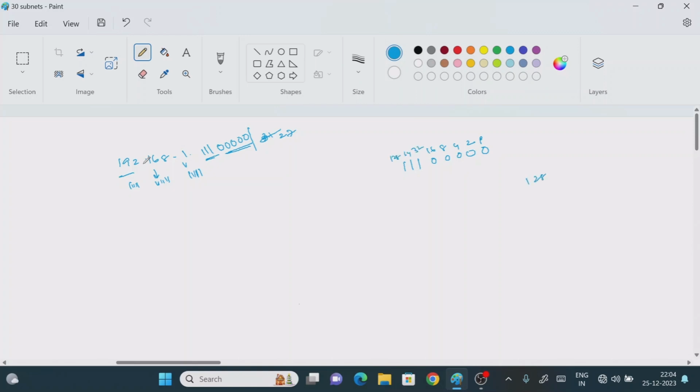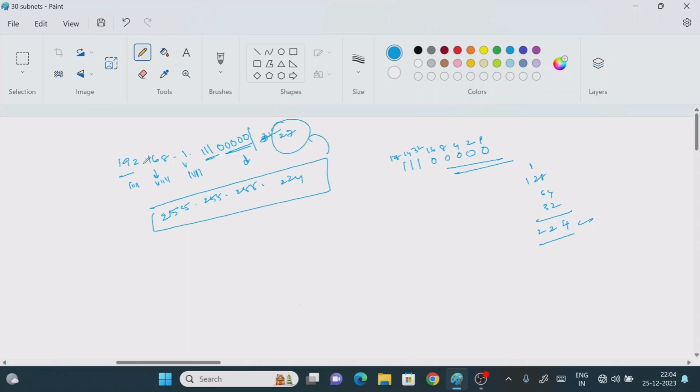So just add 128 plus 64 plus 32. These are 0, right? No need to add. So this fourth octet value is 224. It means that the subnet value is constant 255.255.255.224. Why 224? Because for the last 27 the subnet mask is 224, right? I hope you understand. Thank you guys.